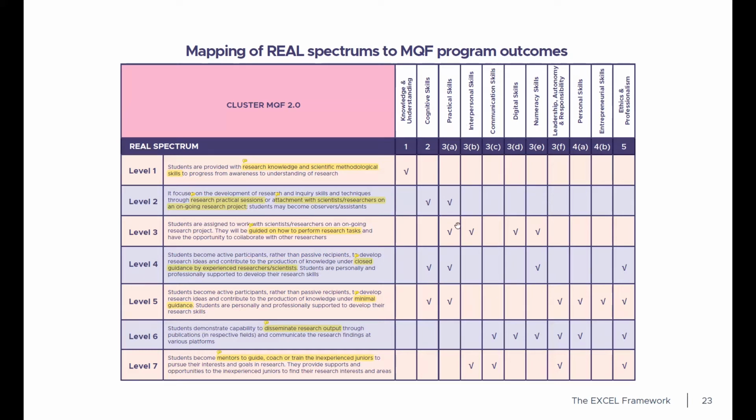We are looking at practical skill, interpersonal skill, how they interact with each other, and digital skill, how to collect data or get the information from the internet and all the journals, and numeracy skill, of course, to analyze the data that they collected. These are some of the functional skills that we want the students to gain during level 3. So first year will be learning the basics and the practical skill.